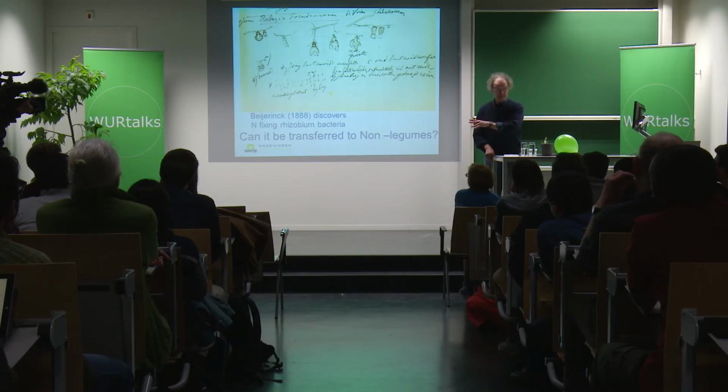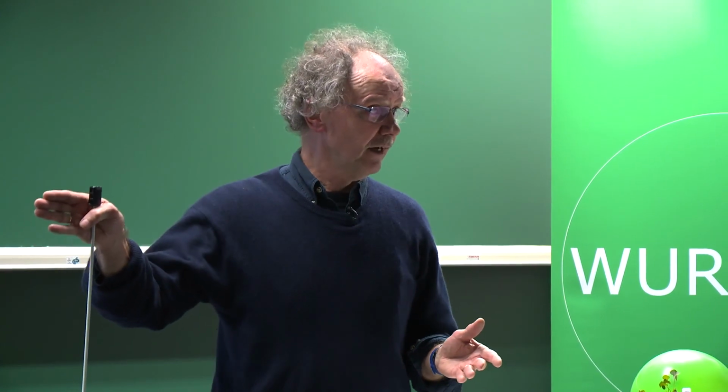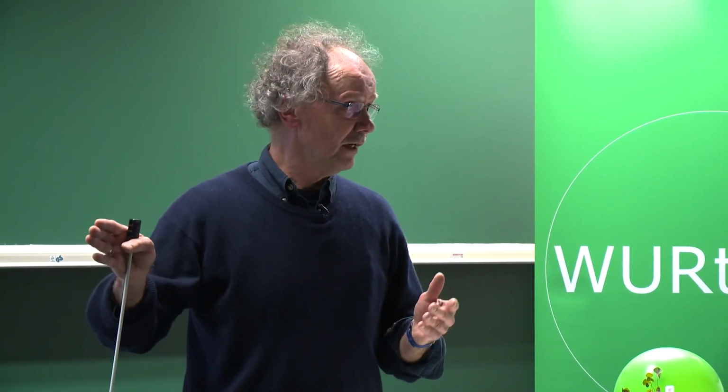It can fix nitrogen. This has evolved independently from legumes, and what we in the lab try to do is understand this far more recent interaction and see whether that knowledge can ultimately be used to transfer this nodulation ability to non-legumes.